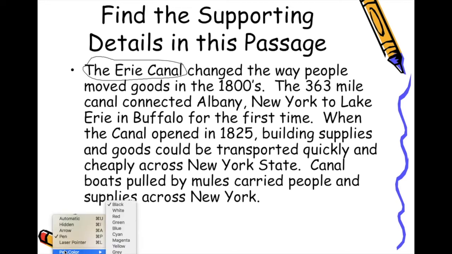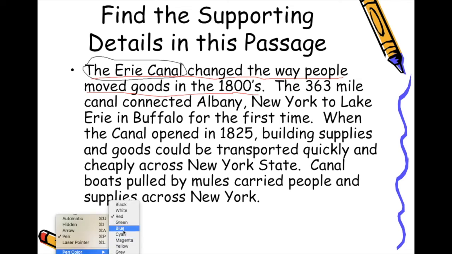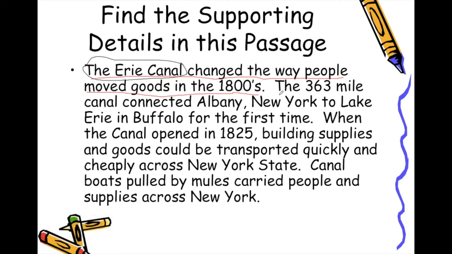One more time, we're going to find the topic sentence, and hopefully before I underline it, you've already picked out what you think it is, but it would be, once again, our first one. The Erie Canal changed the way people moved goods in the 1800s. And then we are going to go through our supporting details. The 363-mile canal connected Albany, New York to Lake Erie and Buffalo is a supporting detail.